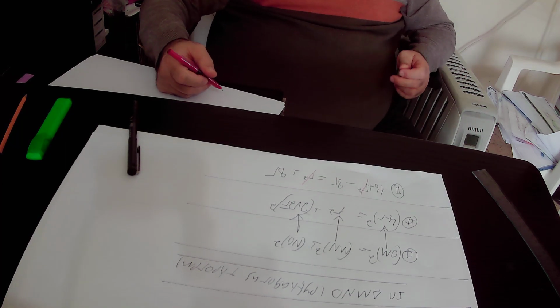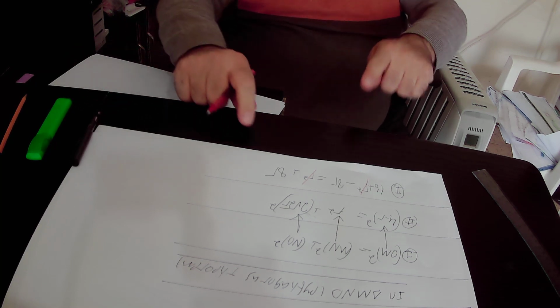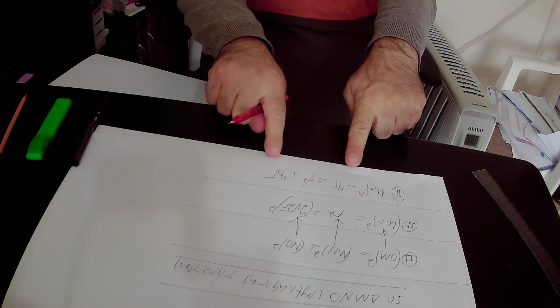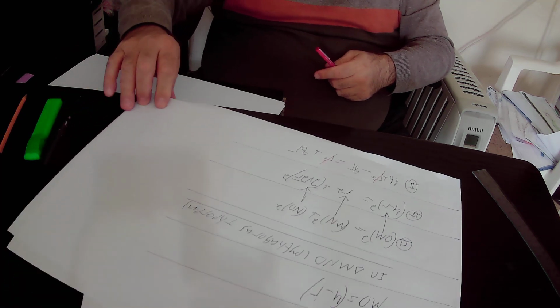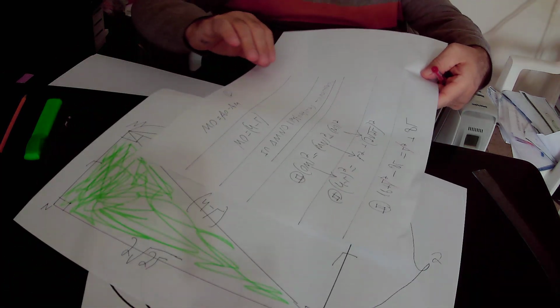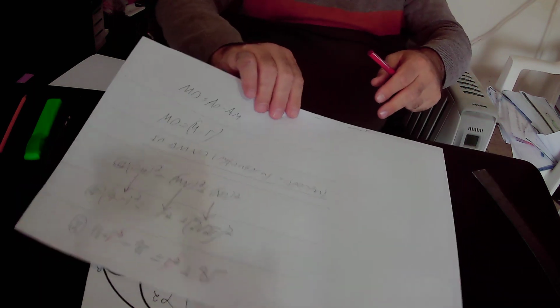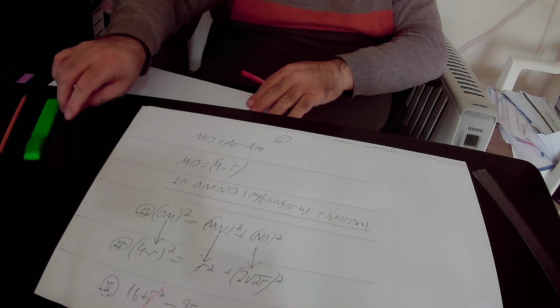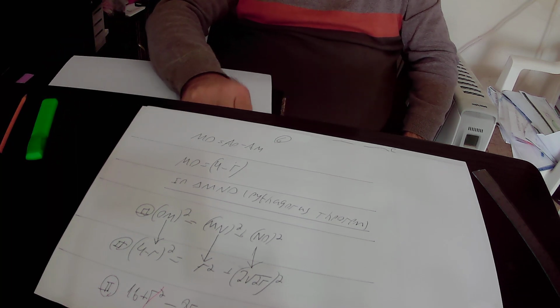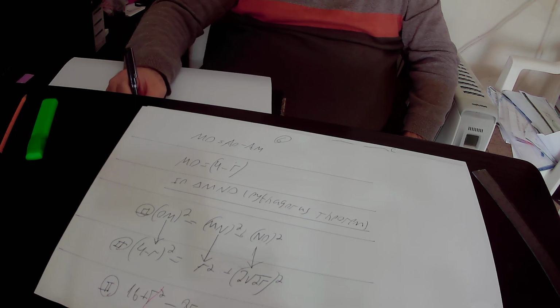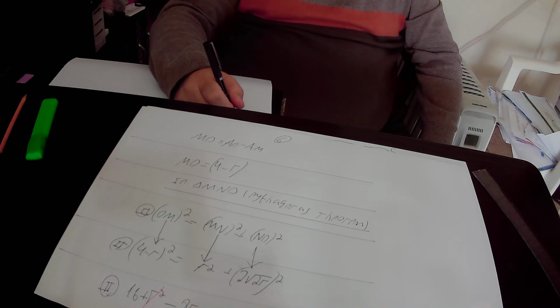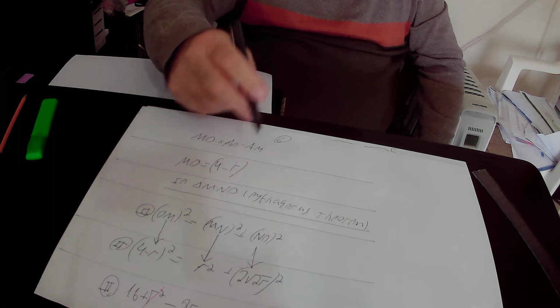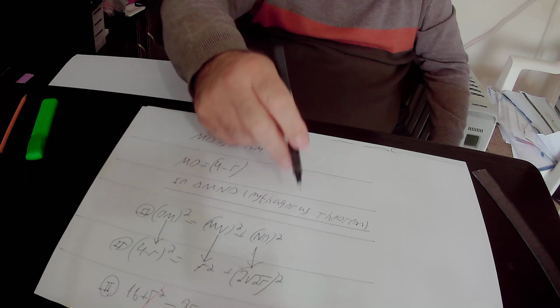After we cancelled R square, we will add 8R to this equation, and we will get that 16 equals 8R minus 8R is 0, and here 8R plus 8R is 16R.